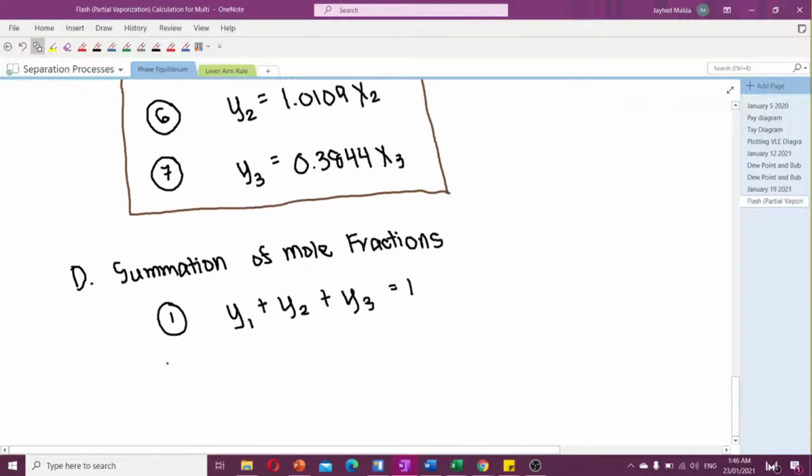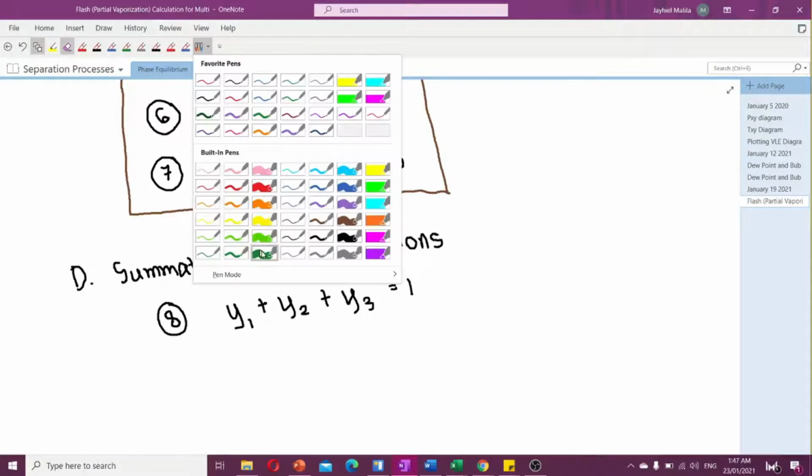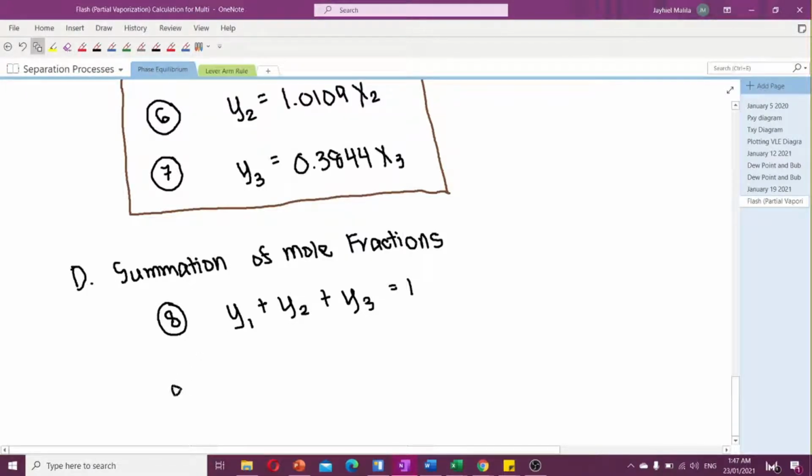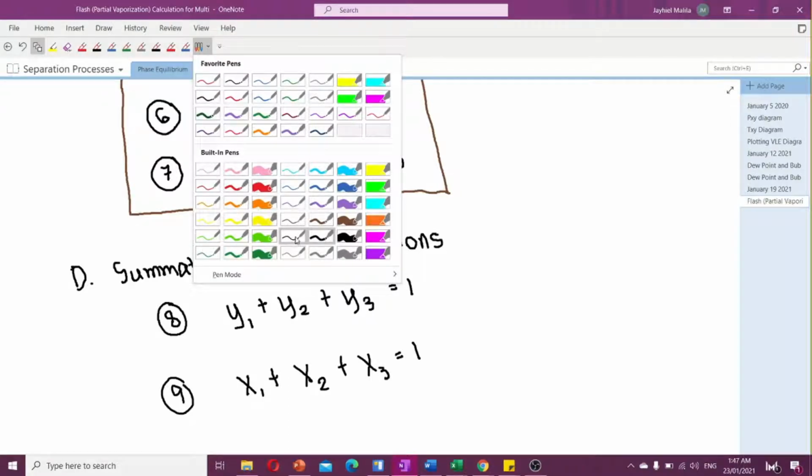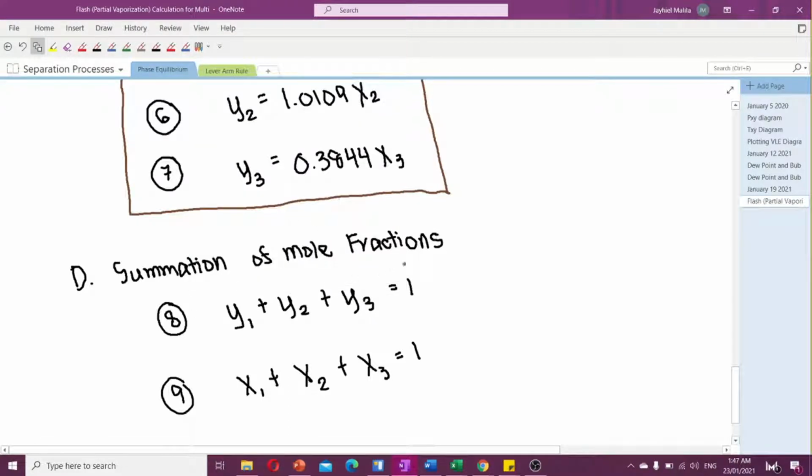And for the ninth, I just realized we have an eighth and ninth because of the x's and y's, x1, x2, and x3. But in actual algebraic problems, we just need to use 8 equations. There's an extra equation over here.